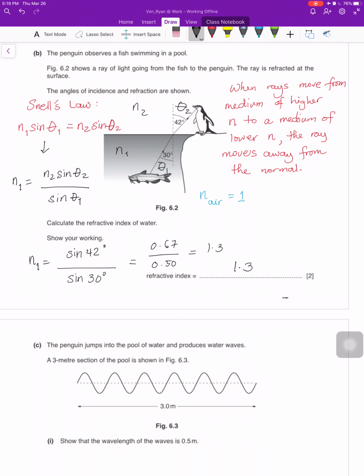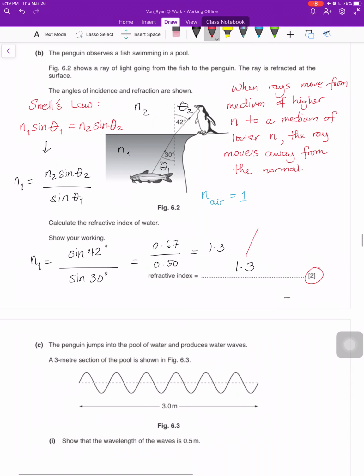Okay, now take note that refractive index is unitless because it's a ratio of speeds.